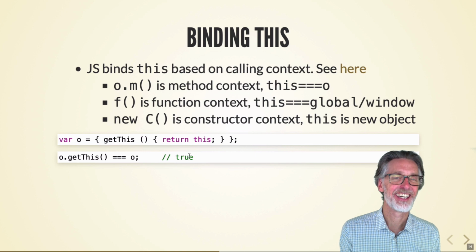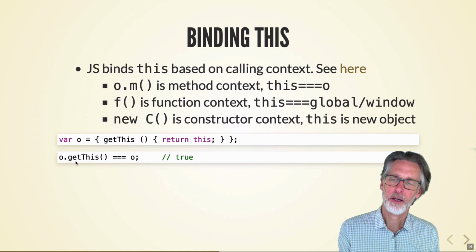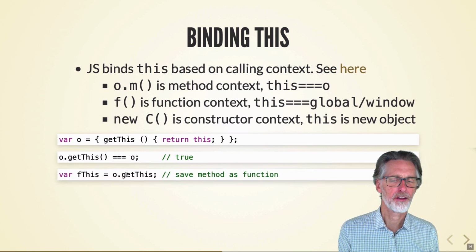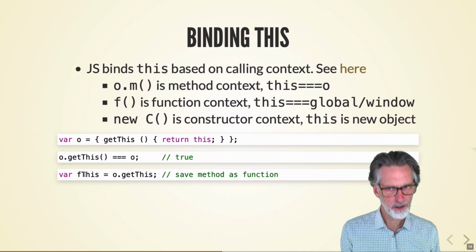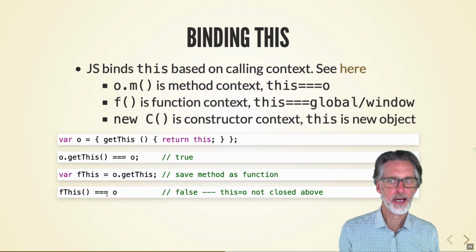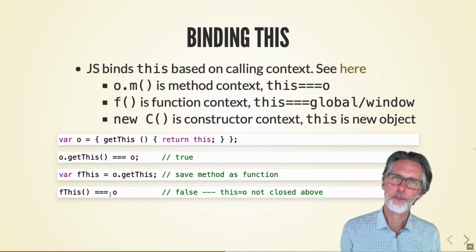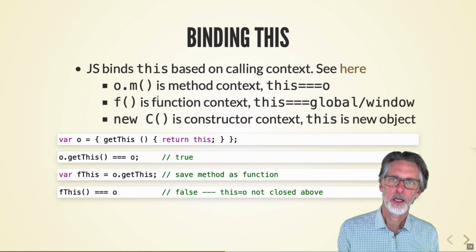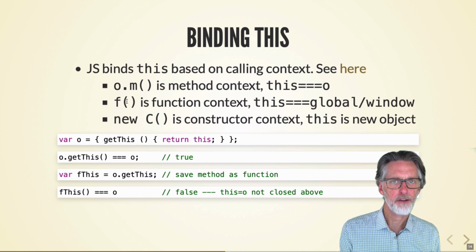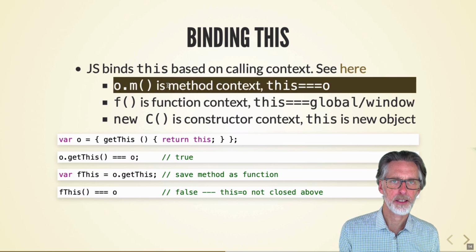And fortunately, that's true. But what if I save the function getThis into a variable and then invoke that function? What do I get back? Well, unfortunately, I don't get back o because we're using a function context here, not a method context.